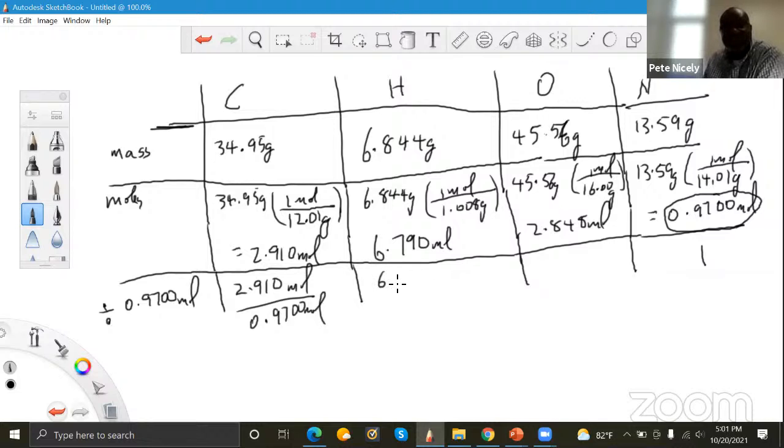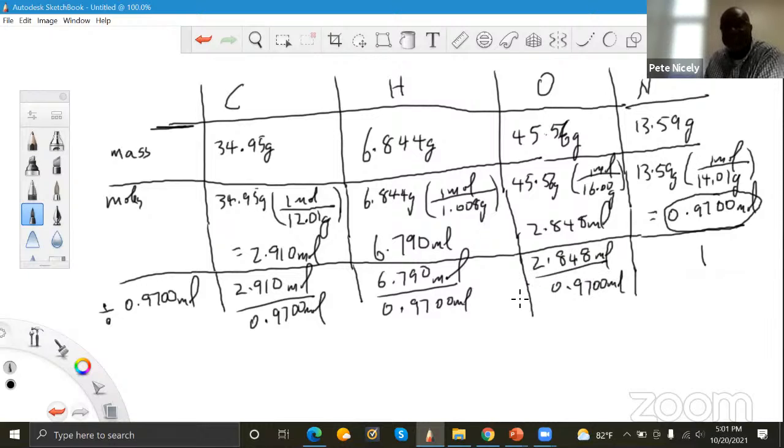For this one, 6.790 moles divided by 0.9700 moles. And then for this one, it's 2.848 moles divided by 0.9700 moles.